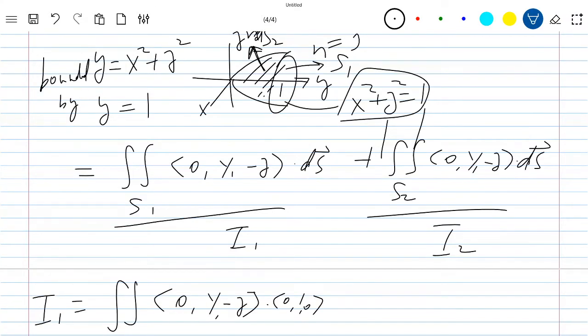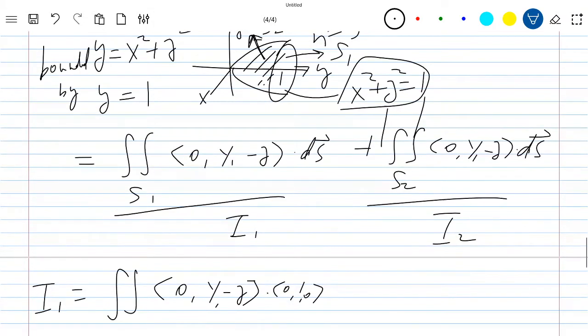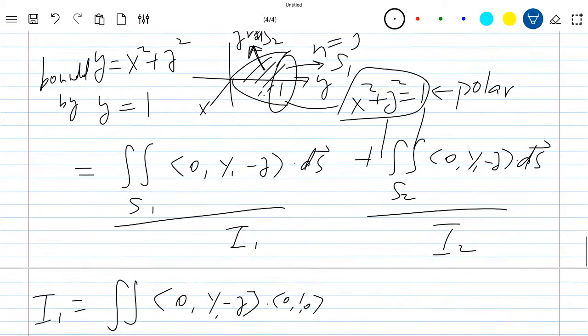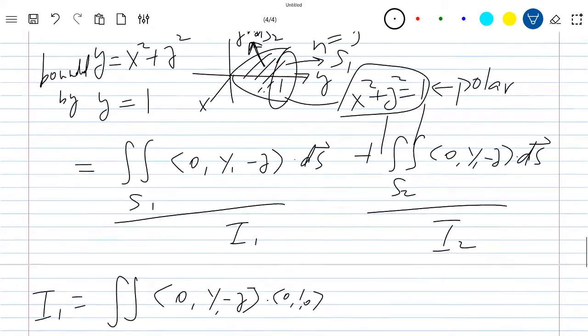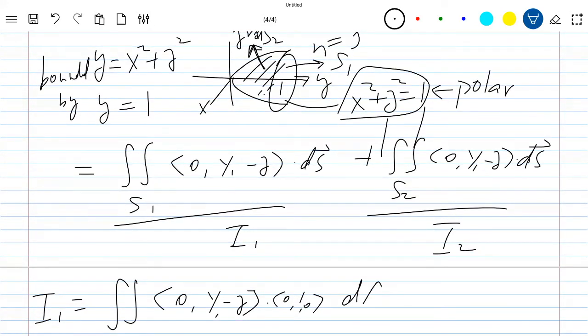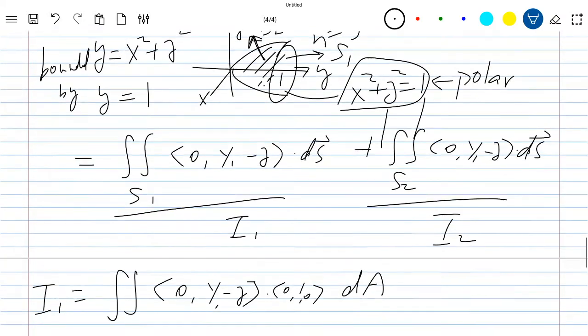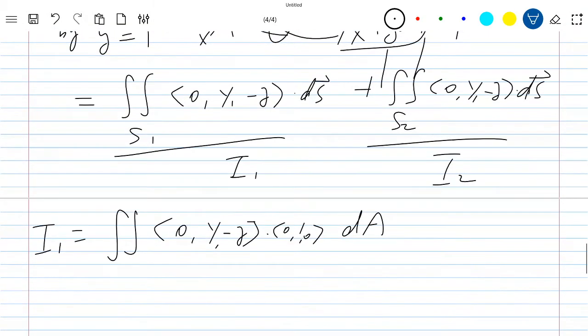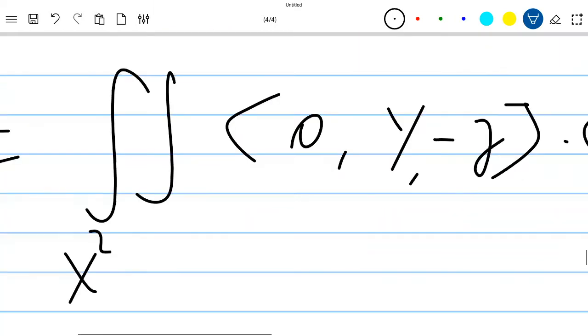Okay, it's not in x and y, it's in x and z, but it's just a change of variable, right? It's not y, it's z. But we can use the same idea. You can use polar coordinates for that, but now polar is in the x and z, not in x and y. Or you can just write down dA here, right? Because it's a planar thing. So that's what you have, and then this is just x squared plus z squared less than or equal to 1, right?